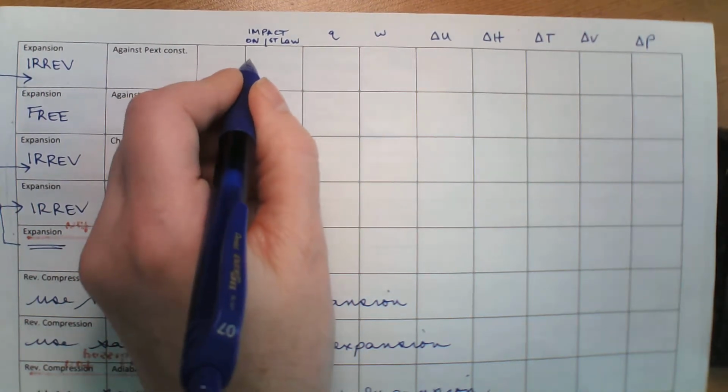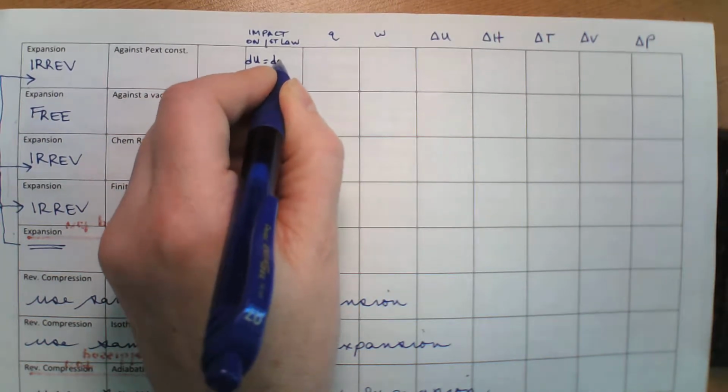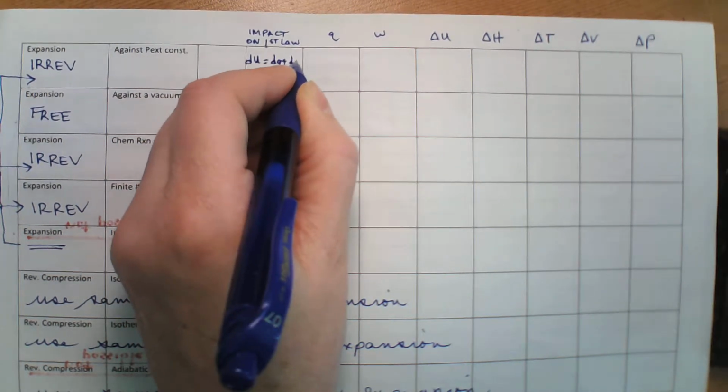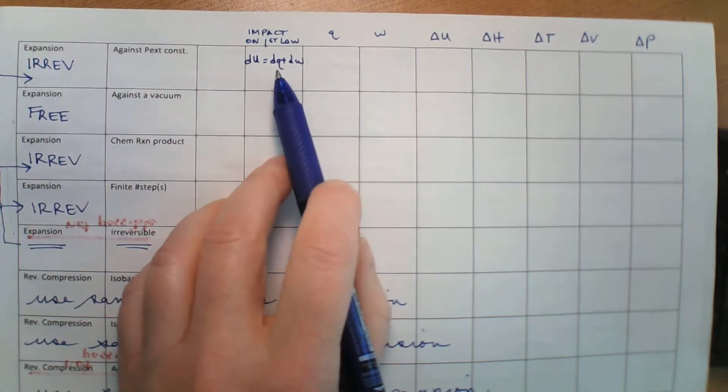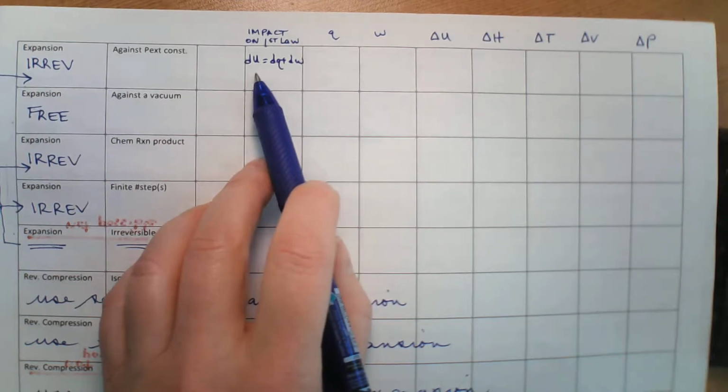The first law is still dU equals dq plus dw. Neither the q nor the w are going to go to 0, so there's really no impact here.